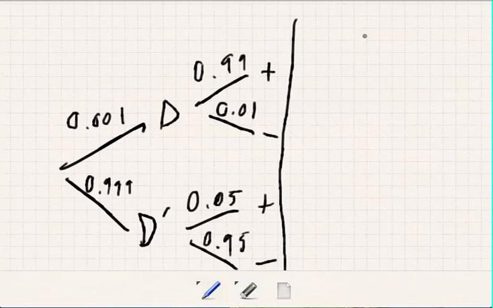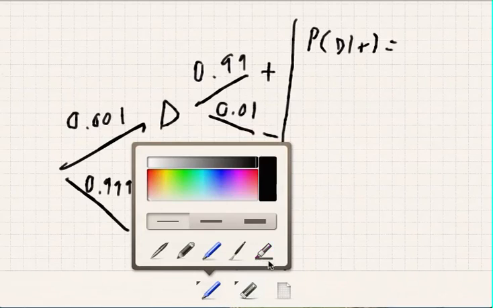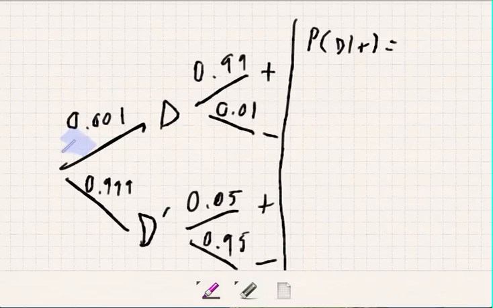So what we are really interested in, though, is the probability that you have the disease given that you test positive. Well, the formula says that we want to first take all of the probabilities that lead up to you testing positive that go through you having the disease, and that's just this one branch.